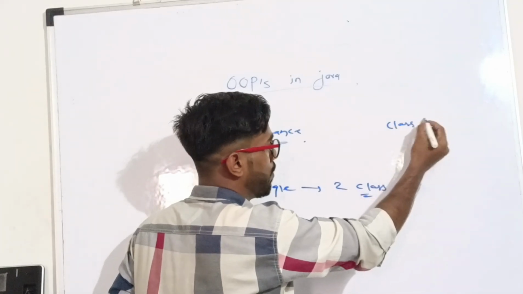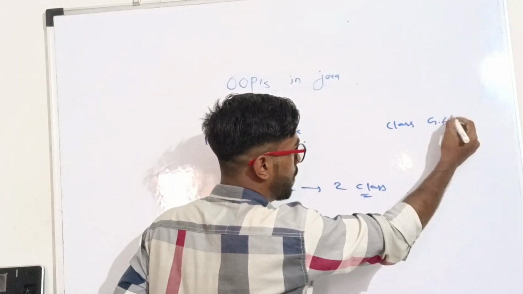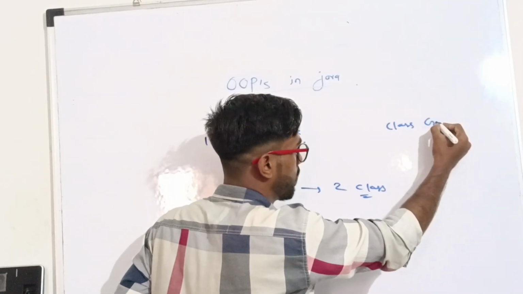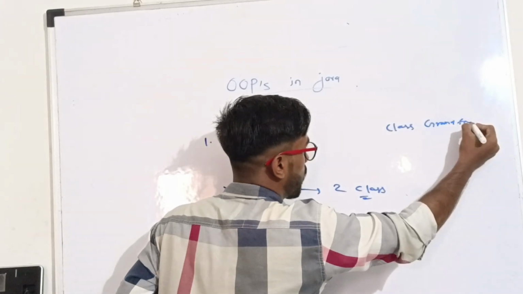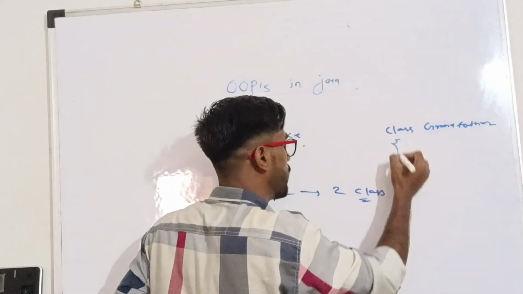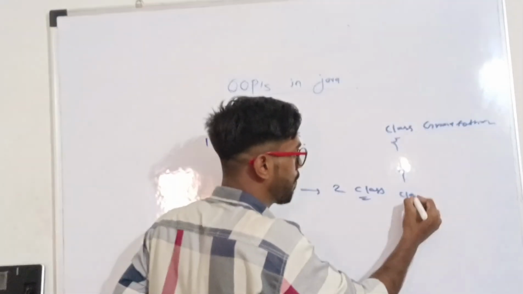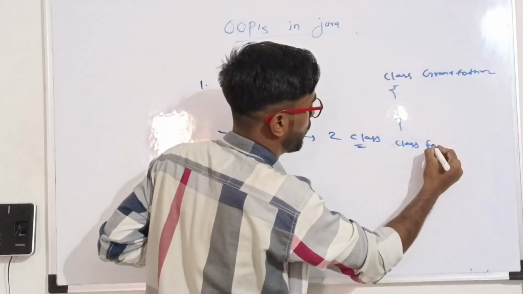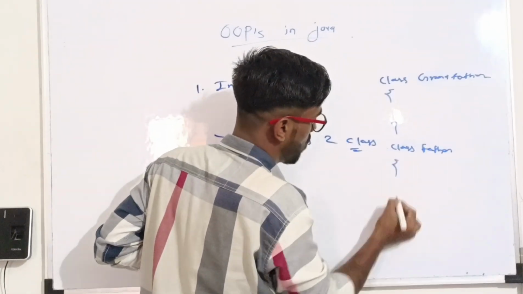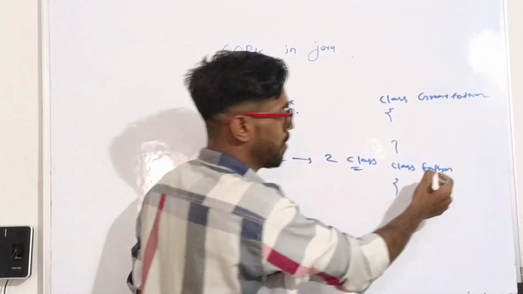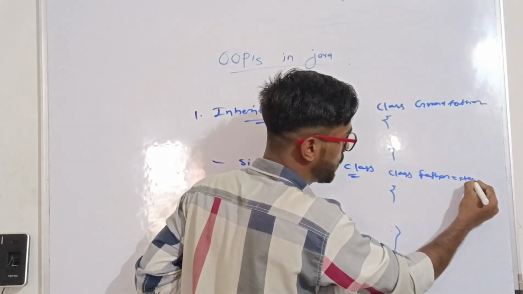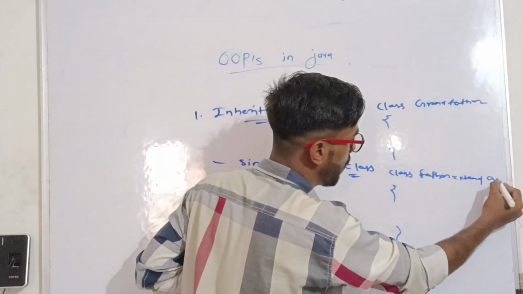Assume there is a class grandfather, and there is another class, which is father. So we can say the father will inherit the property of the grandfather.